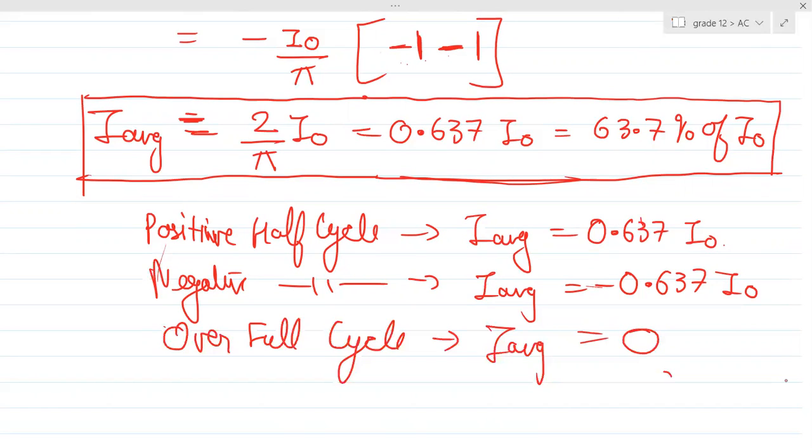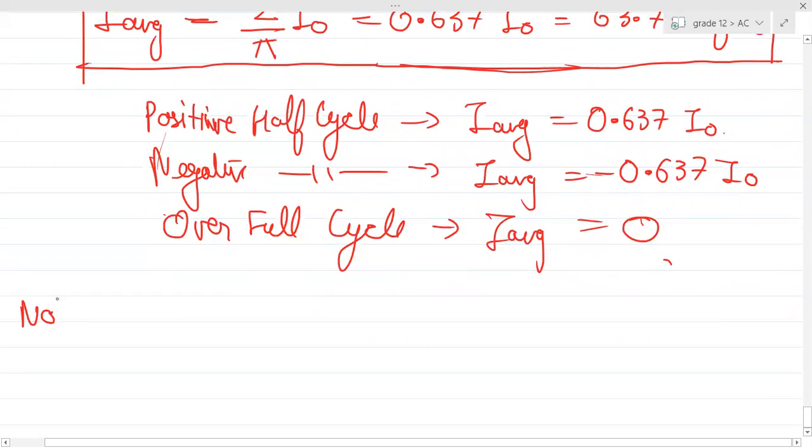So the magnitude is not 0, but overall it is 0 if you consider the sign as well. But generally, we don't define it with the help of negative work. We try to define it in the positive cycle.